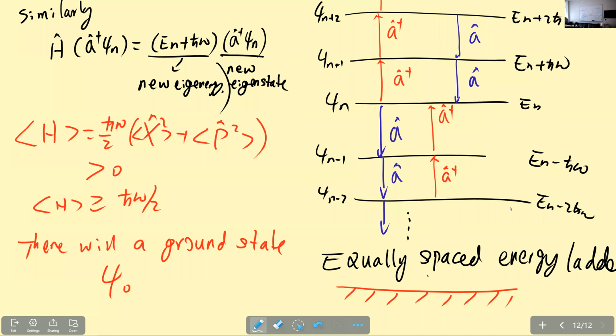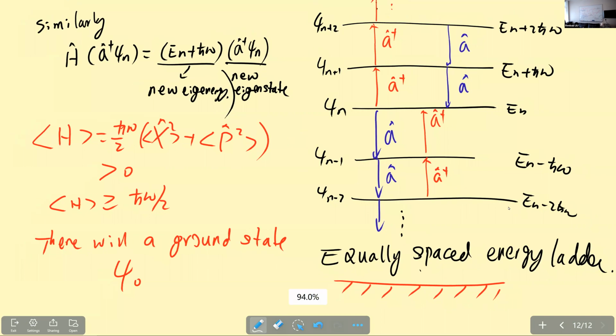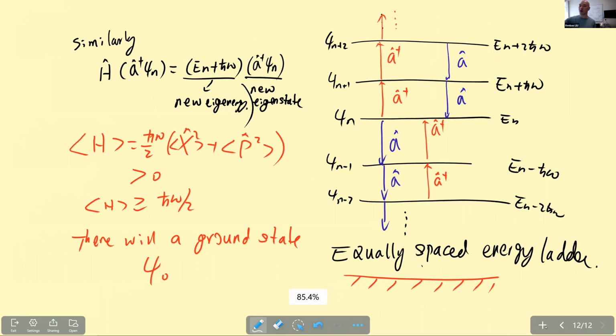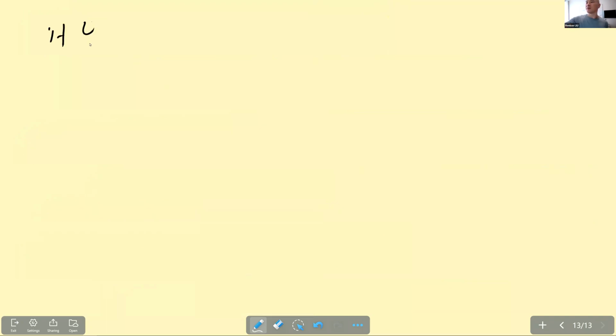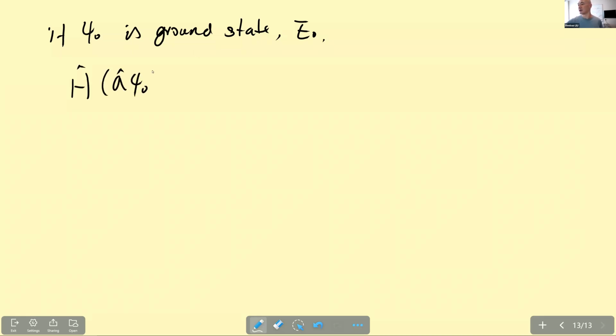So what does this mean? If I have a ground state, so if |0⟩ is the ground state with energy E_0, but we know that this one, a|0⟩, has energy E_0 minus ħω, right?